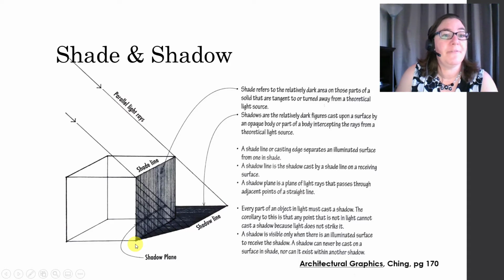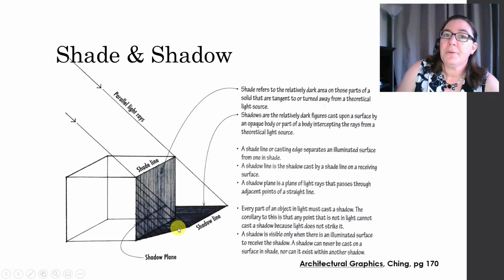A couple more definitions. Here are some light rays, showing the light direction, and they're calling out some important points on the box. Those are parallel light rays. Other important terms: we've got a shadow line, which is simply the outline of where the shadow is falling.